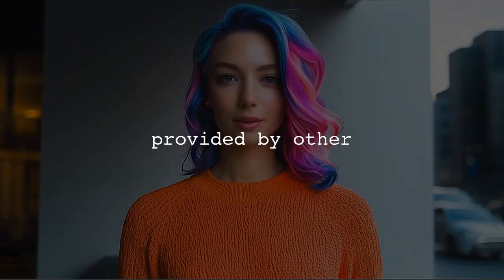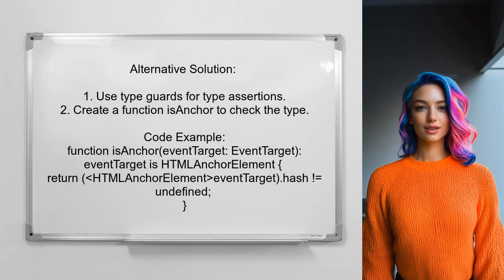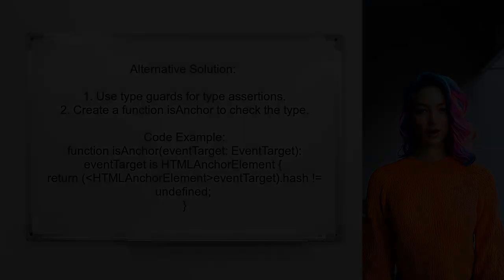Now let's look at the answers provided by other users. An alternative approach suggested by a user is to use type guards for type assertions in TypeScript. They propose creating a function called isAnchor that checks if the event target is an HTML anchor element by verifying if the hash property is defined.